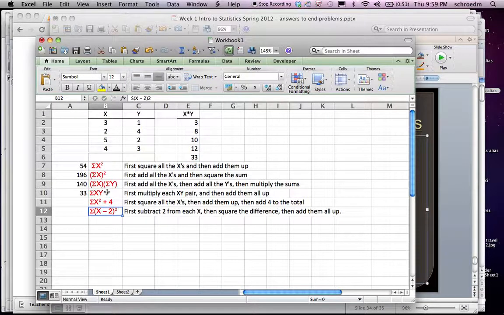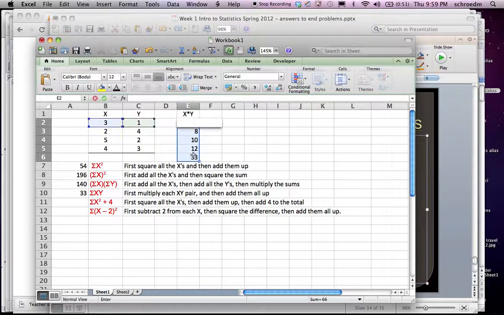Now in the next one, again, I'm looking at my order of operations. In this case, I don't have any parentheses, but I do have exponents. So again, I'm going to be making my little x squared. And that's the first thing I do.